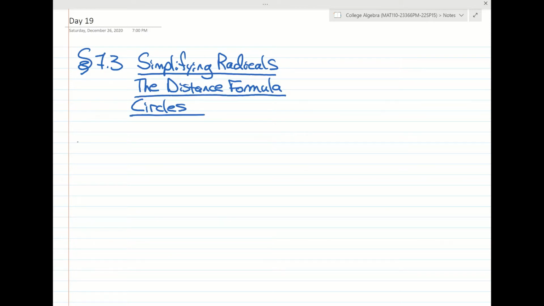So the first property is called the product rule for radicals.